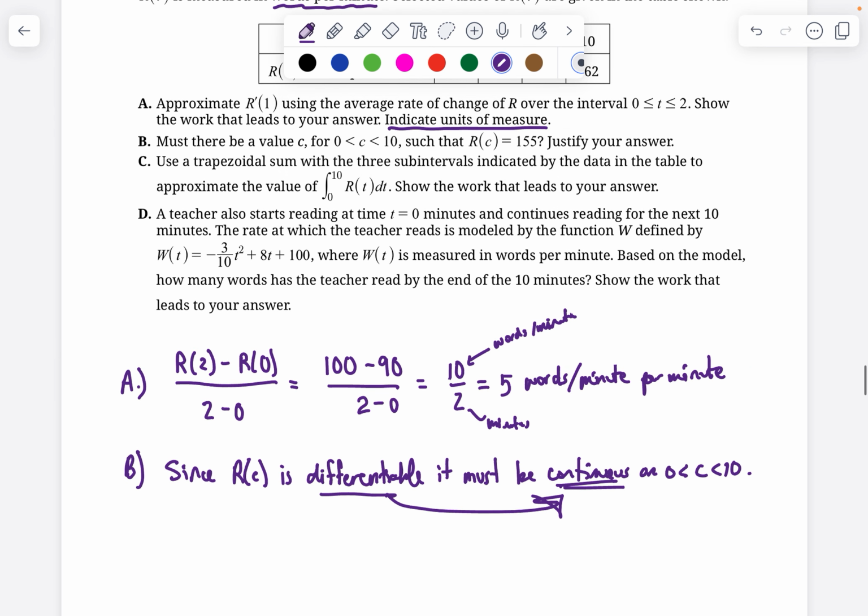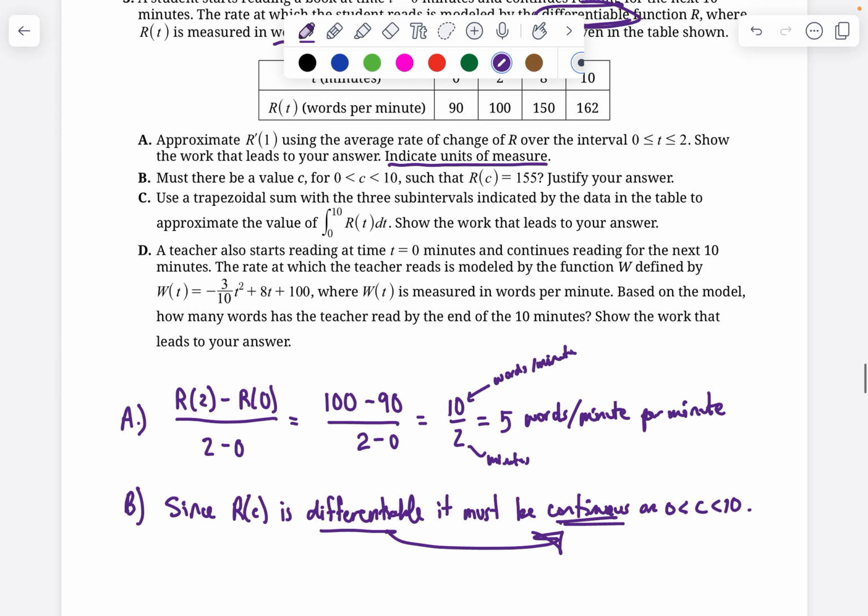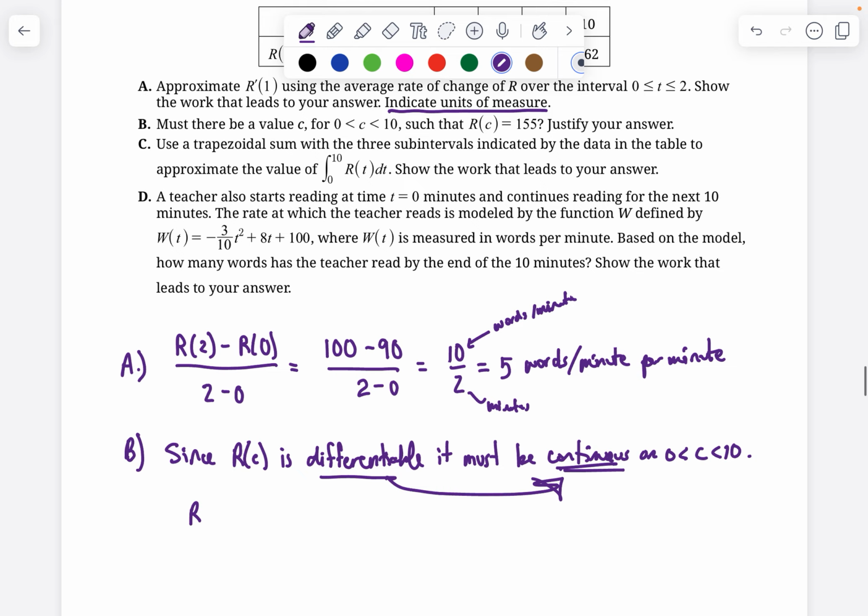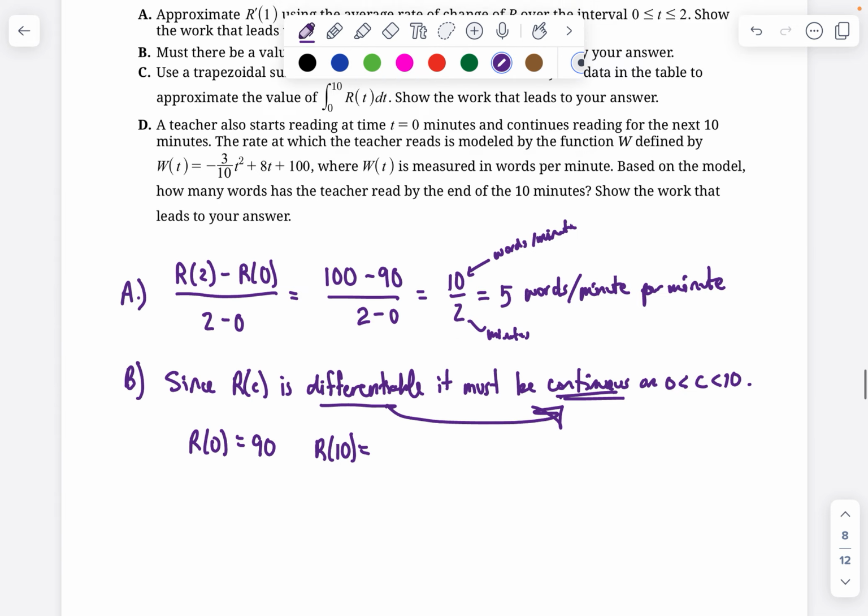And then if we could figure out what r of 0 is. So r of 0 is 90, and then r of 10 was 162.